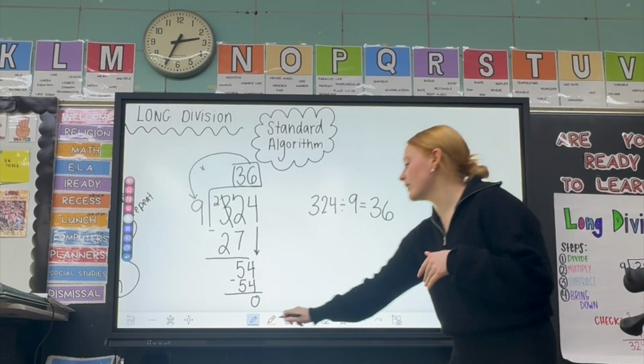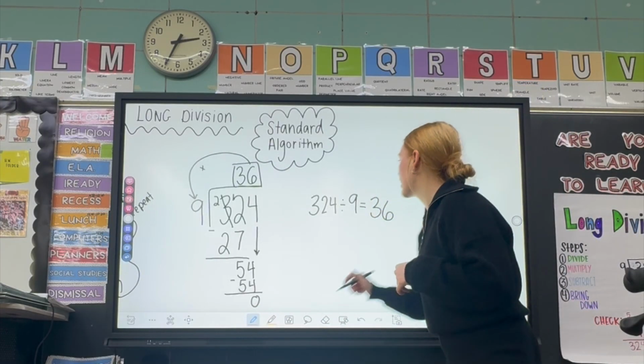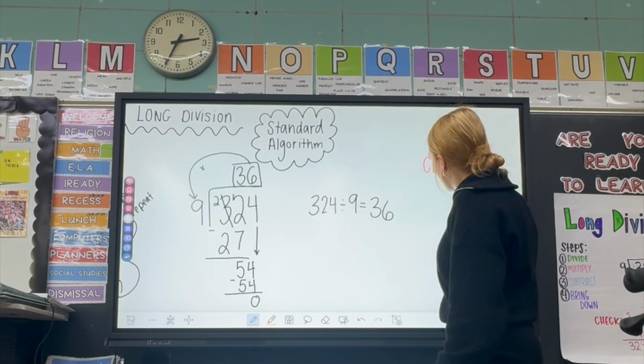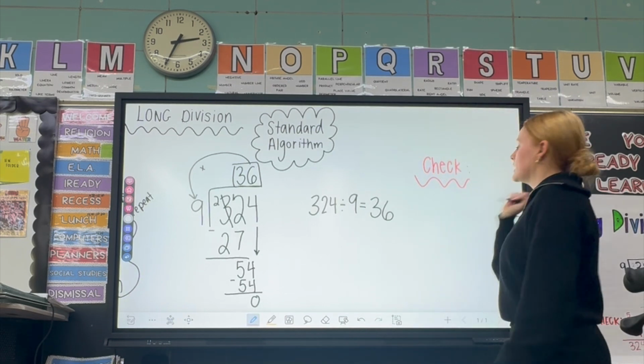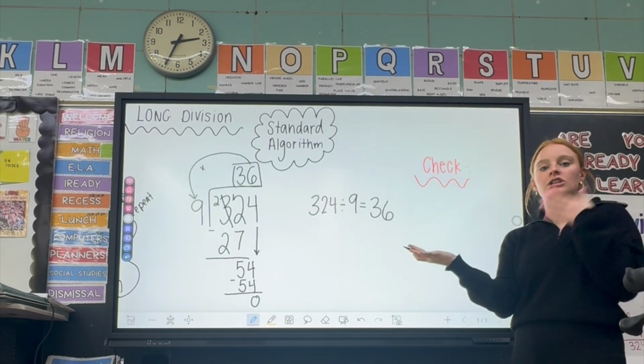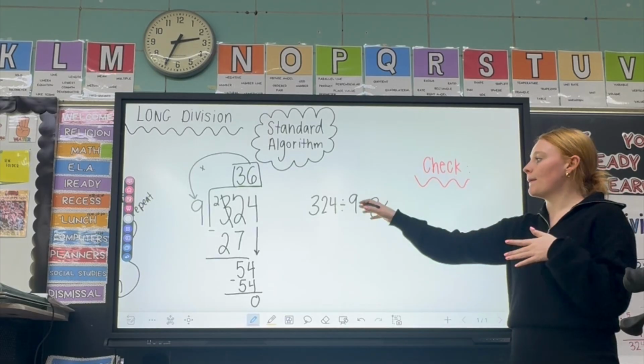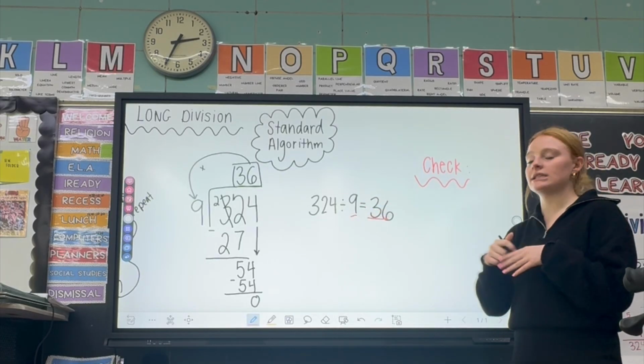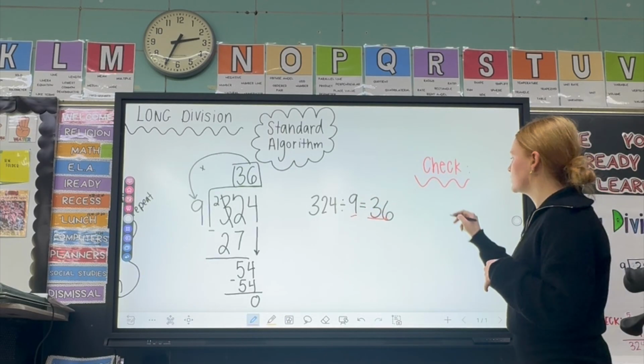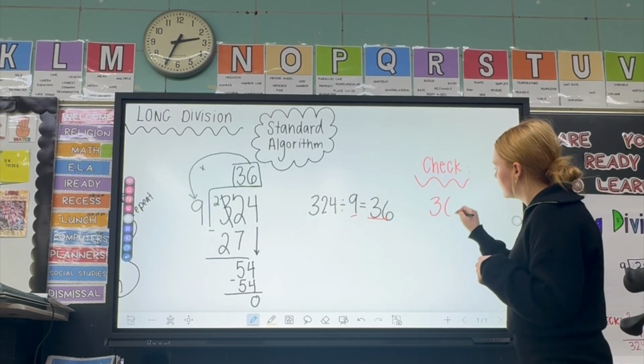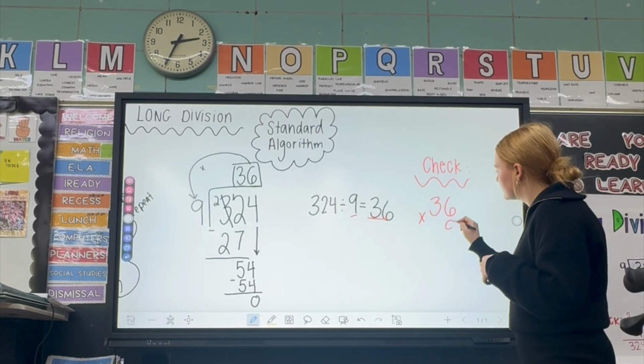Now, it's very important that we always double check our work. Since we know that multiplication and division are opposites, I could multiply these two numbers to see if I got the correct answer. So I'm going to do 36 times 9.